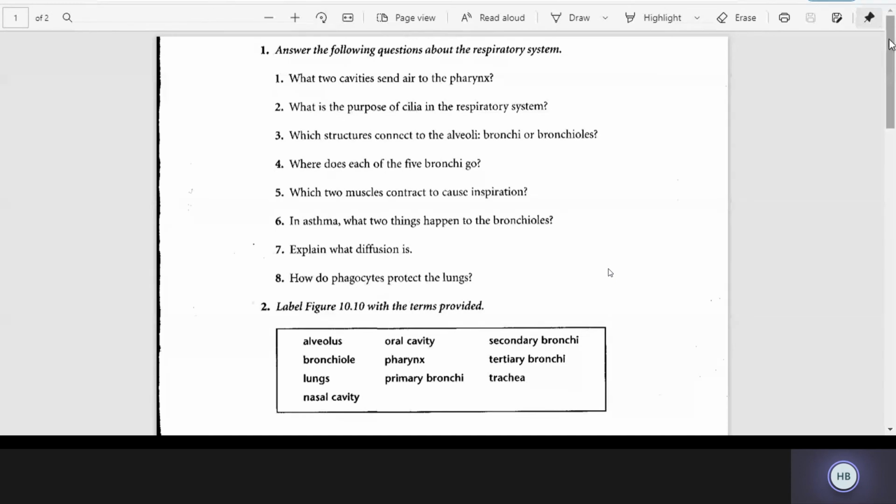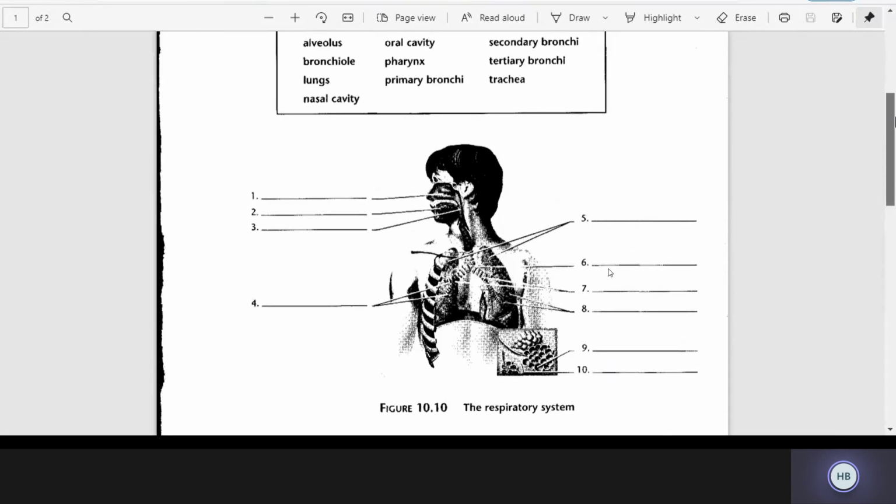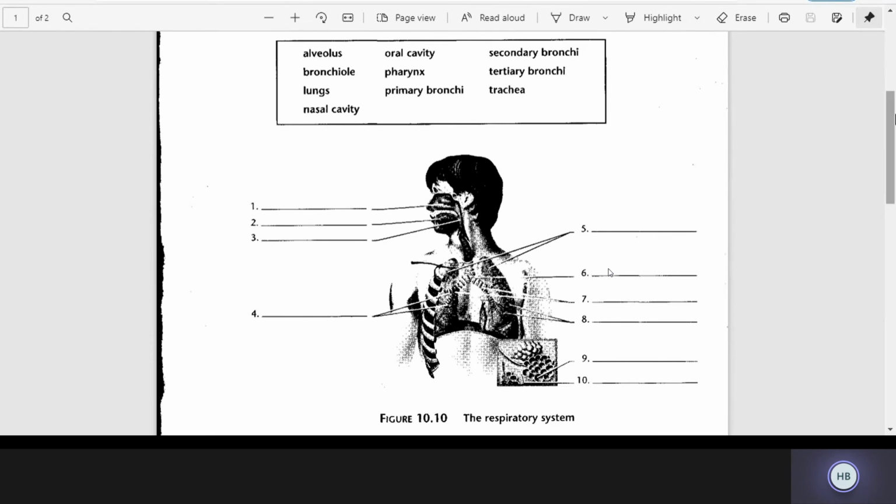Okay, we move on to label the figure with the terms provided. Can you label this respiratory system with the right phrase? When I call your name, please unmute yourself and label number 1.